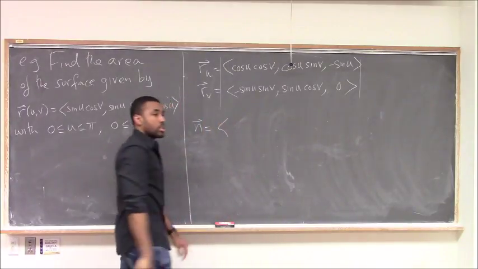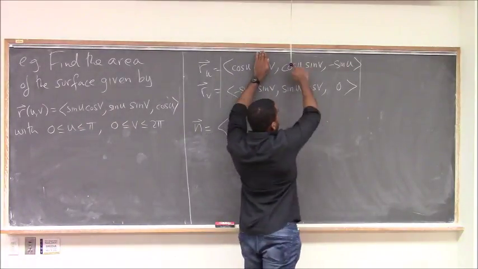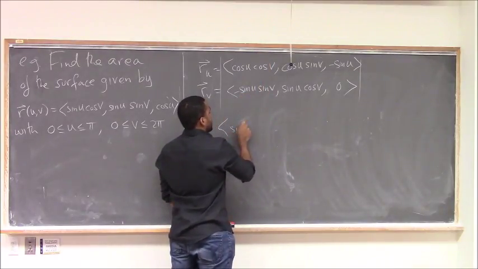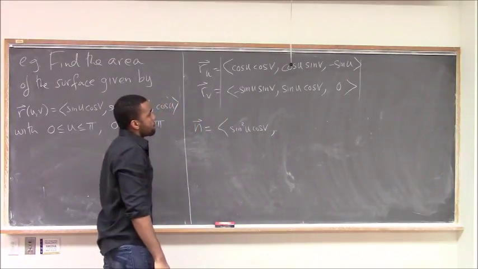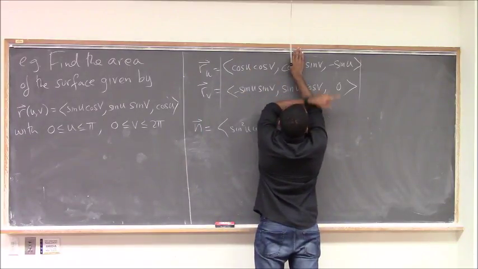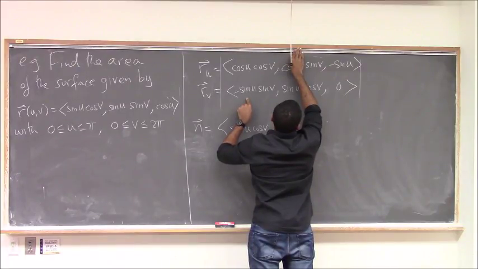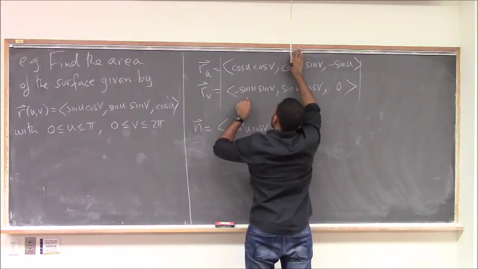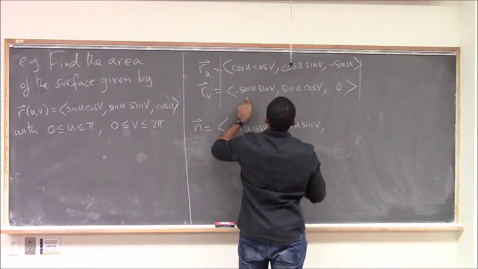Now the cross product. Blocking out the first column, that's 0 plus sine squared u cosine v. Going to the middle, that's 0 minus this, and we take the negative of that, so that's going to be sine squared u sine v.